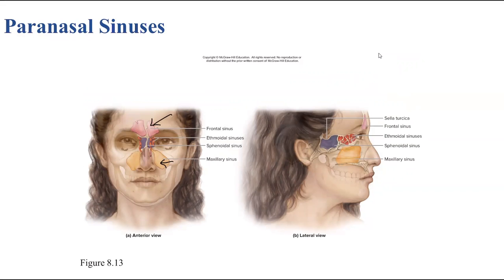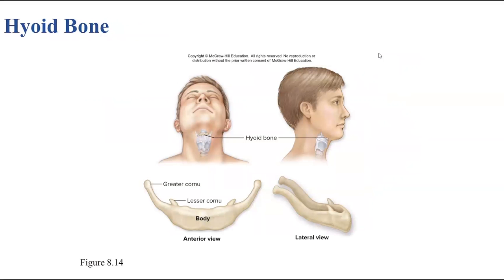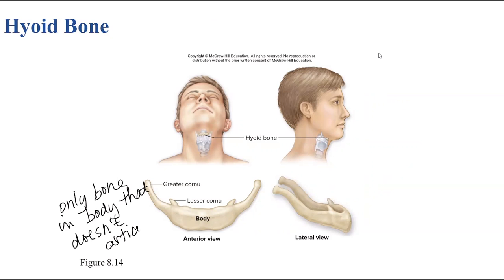There's a side view. The hyoid bone. The hyoid bone is at the top of your larynx, and it's just shaped like this. It's the only bone in your body that doesn't articulate with another bone. But it is a point of attachment for tendons and ligaments.